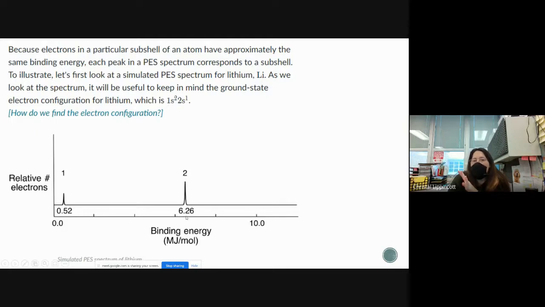So this is a greater amount of energy. That means that on this graph your nucleus is going to be over here. And then you're going to have levels coming off of that. So wherever your bigger number is, that means that you're closer to the nucleus.